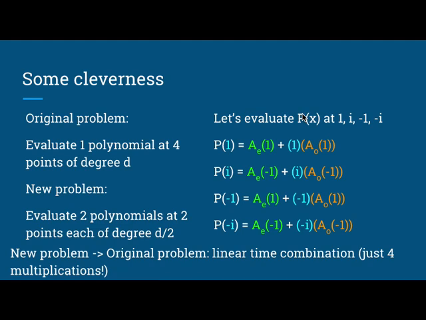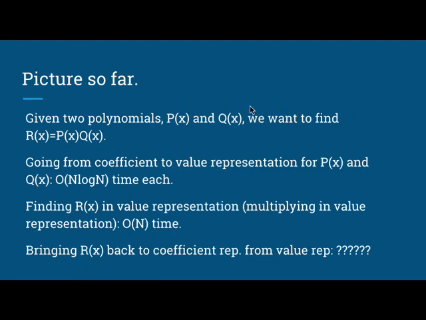Agreed? So going back to our ultimate goal, remember, the ultimate goal was polynomial multiplication. We haven't gotten there yet. All we've done so far is take P of x from coefficient form to value form. We're done with that. And similarly, we've taken Q of x from coefficient form to value form. Agreed? Yes? Okay.